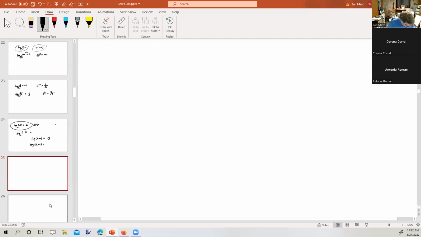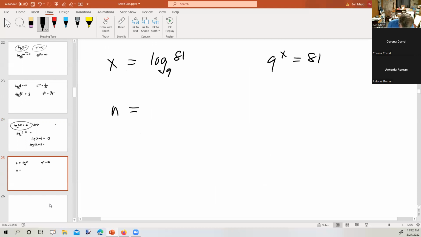All right, let's see here. How about this? X equals log base 9 of 81. So that would be 9 to the x power equals 81. Changing the logarithmic equation to the exponential equation. N equals log base b of r sub 1.